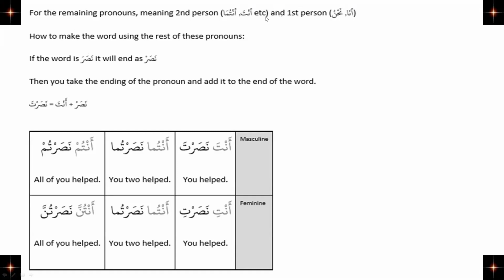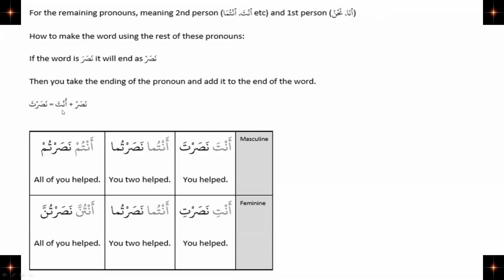The ending becomes sukun. So you say nasarta, nasartuma, nasartum, nasartu, and nasarna. So then you take the ending of the pronoun and add it to the end.